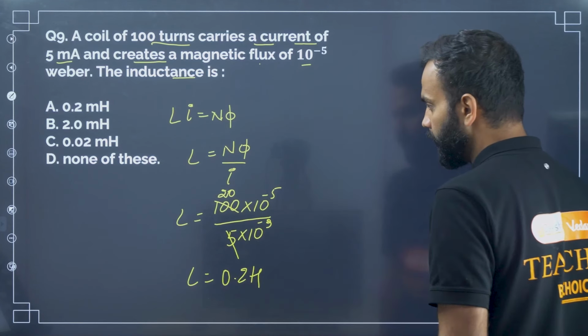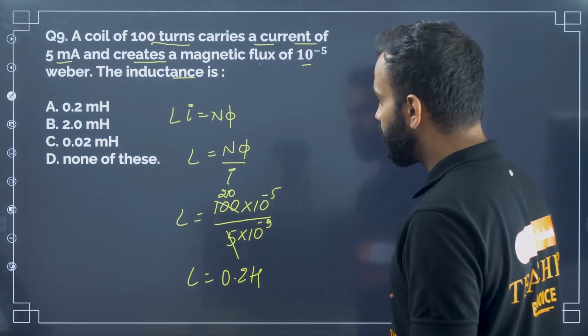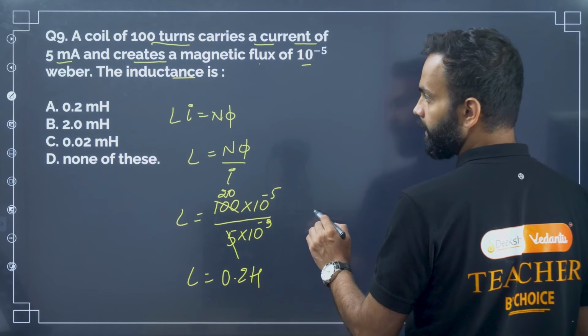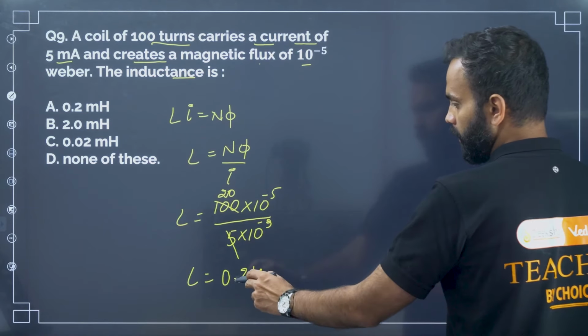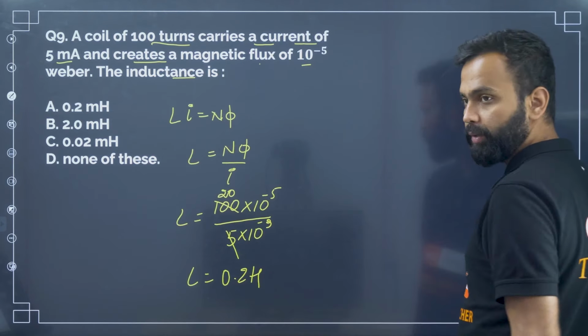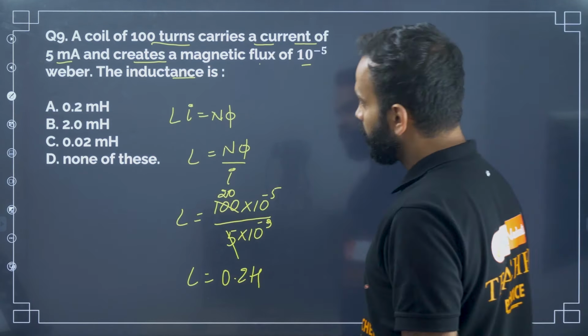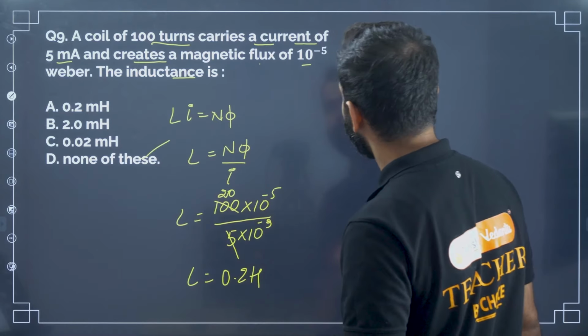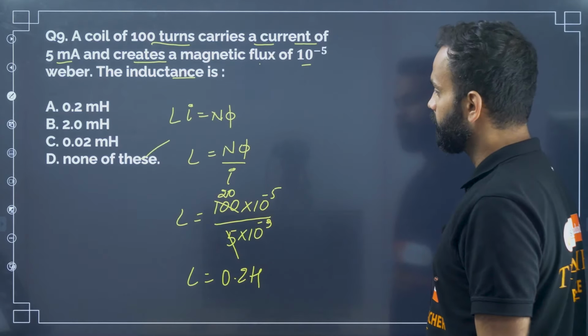We have to convert it into millihenry, so this will be 200 millihenry. 200 is not given, so option D is the correct answer.